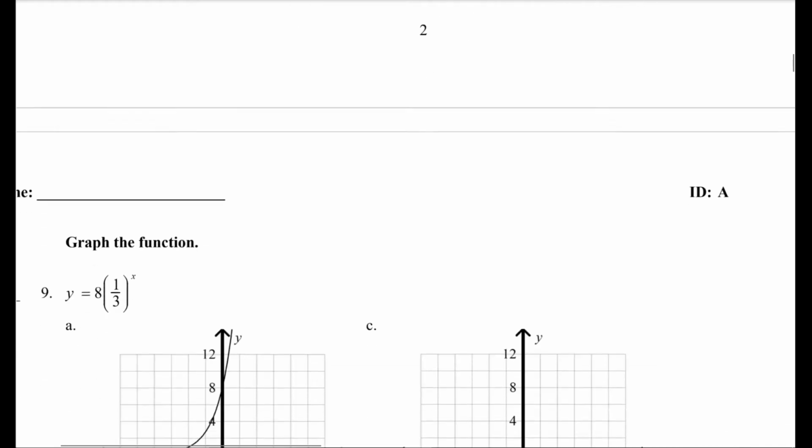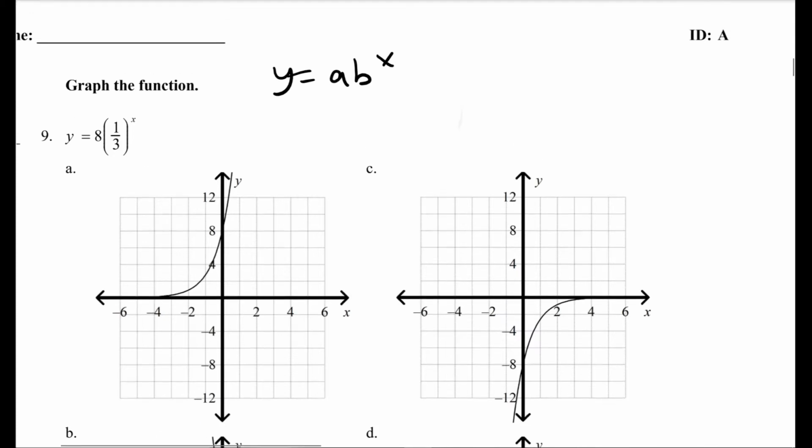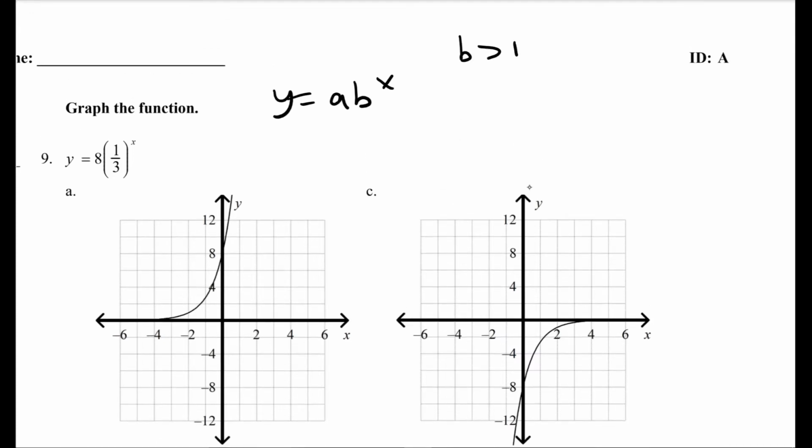All right, so let's look at the next one, number 9. So these ones just involve graphing. So remember that the exponential model, the general model, is A B to the X. Now, if it's growth, which means if B is greater than 1, then it's going to look like this.